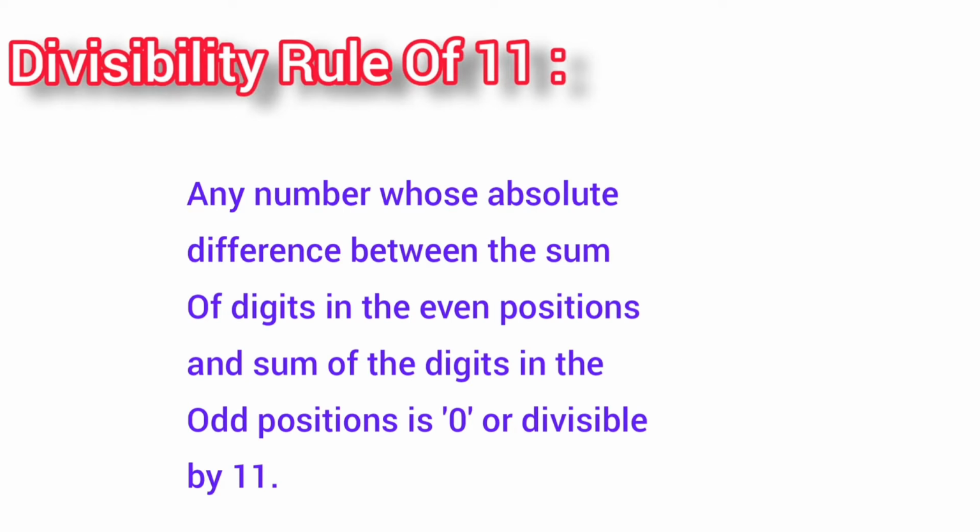Any number whose absolute difference between the sum of digits in the even positions and the sum of the digits in the odd positions is 0 or divisible by 11, then the number is divisible by 11.